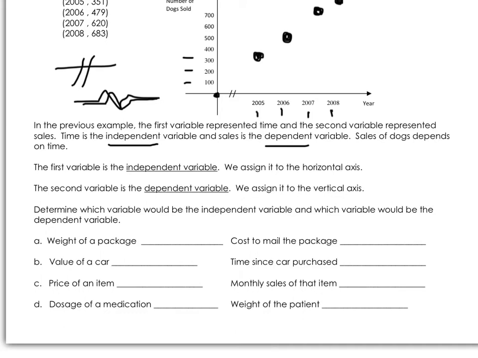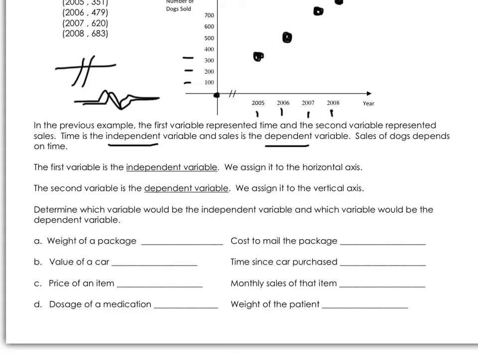Determine which variable would be the independent variable, and which variable would be the dependent variable. The weight of a package. How much does the package weigh versus the cost to mail the package? Would you say, how much does the package weigh? I don't know. It depends on how much it costs to mail it. Or would you say, how much does the package cost to mail?